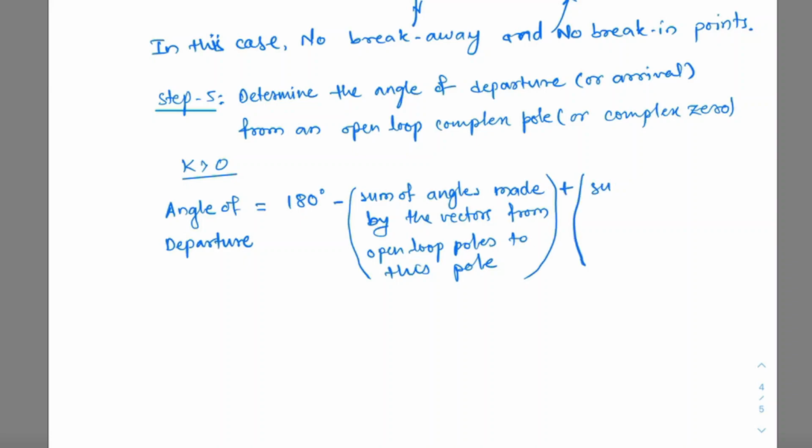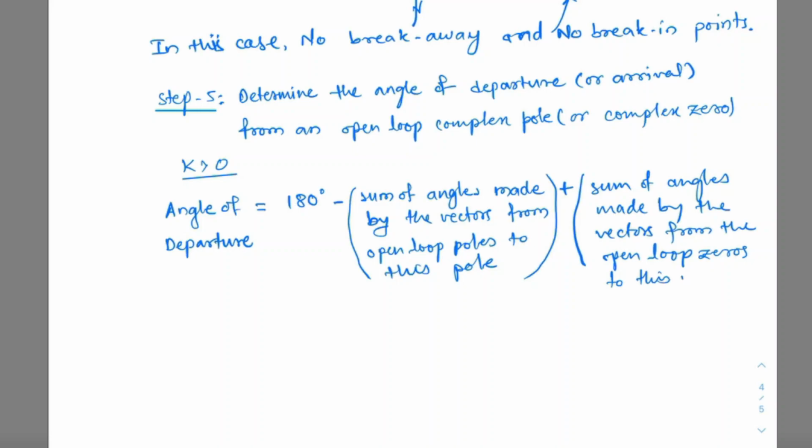Plus the sum of angles made by the vector from the open loop zeros to this pole.